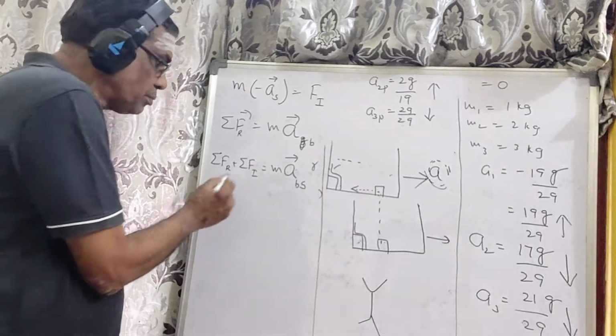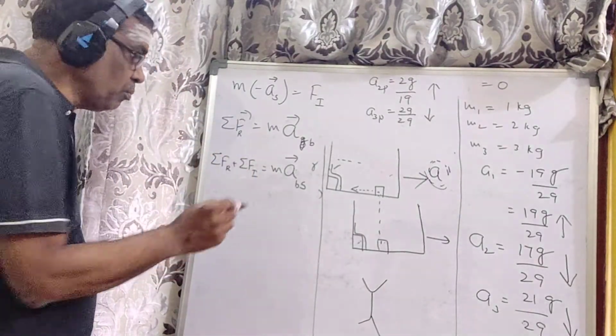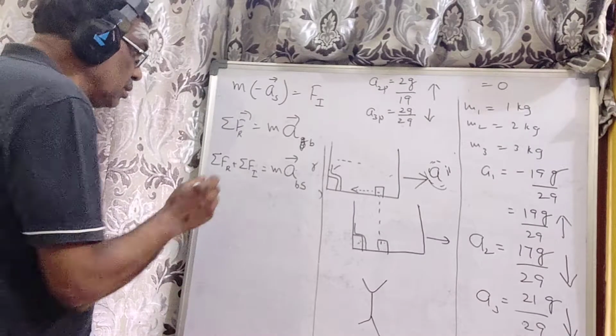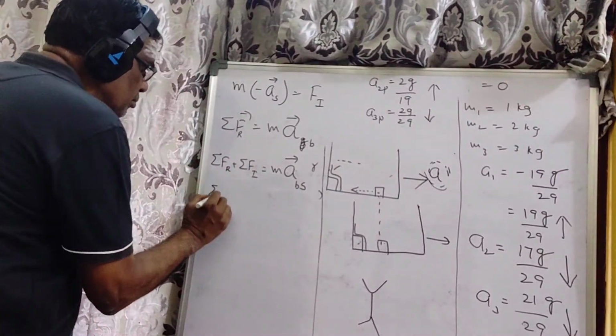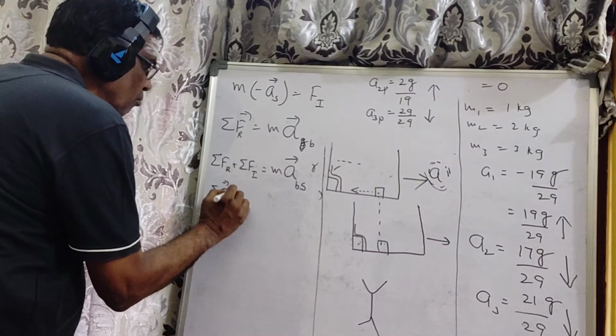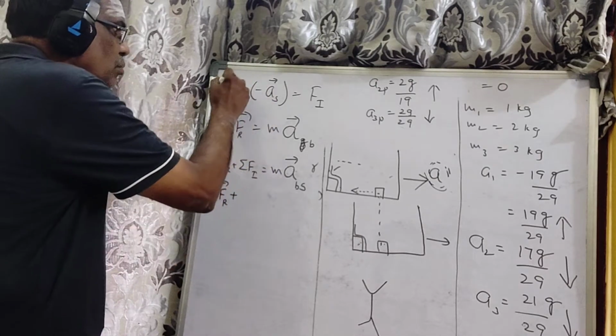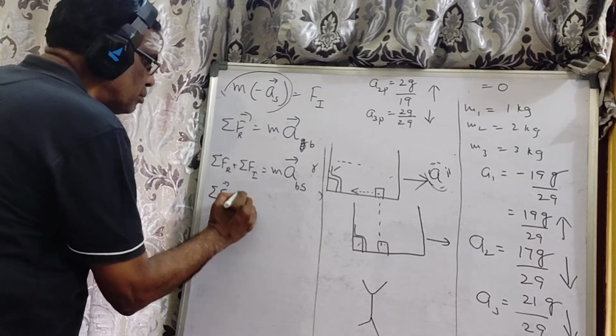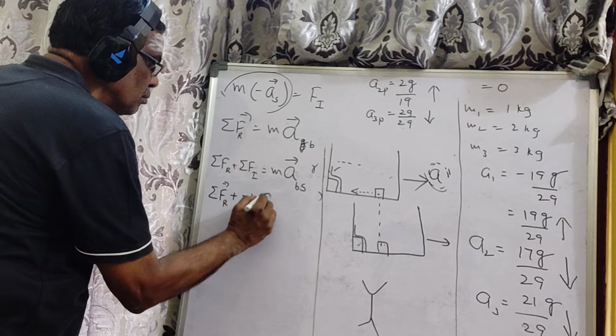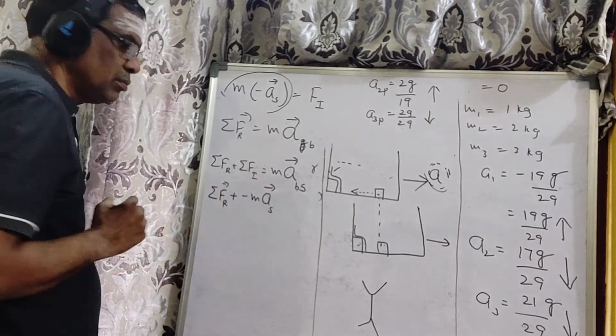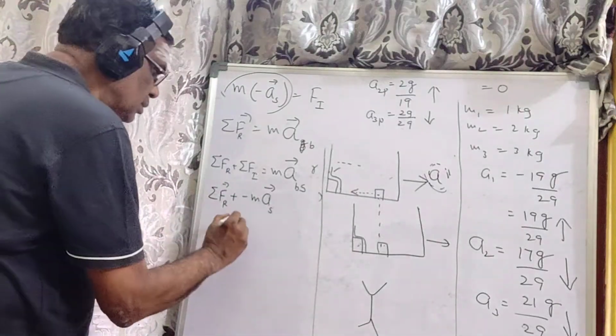Sigma F_R plus sigma F_i is equal to m a_BS. What is sigma F_i? The total is nothing but minus m a_S.